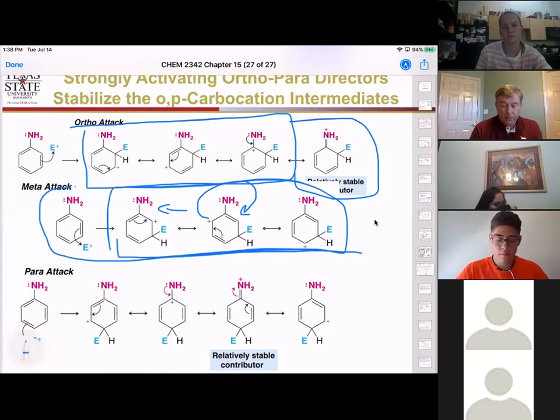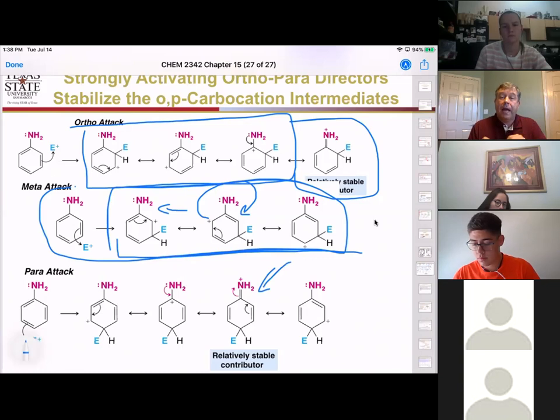And of course with para, we again can have that positive charge move to where the electron pair from the donor comes in and gives us a fourth resonance contributor. So all strong activators are strongly activating because of the resonance component, as well as that inductive electron donating component.